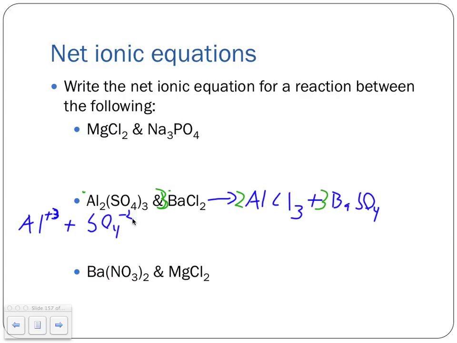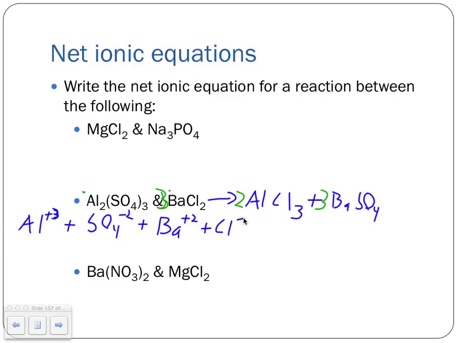So we have those 2, we're going to break up, and then our barium chloride, which is also ionic. In fact, all of these are ionic substances. So barium chloride is going to break into ions as well because it is soluble and ionic, so it's going to be Ba plus 2 plus Cl minus. Let's not worry about balancing for right now.